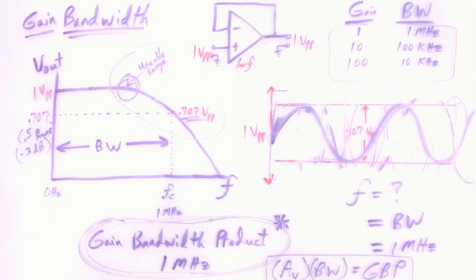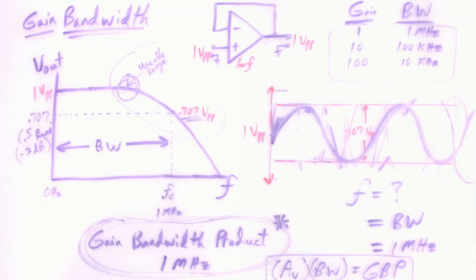I'm down here in the bottom right corner. So again, if you had the gain bandwidth product rating from the data sheet, maybe you know the bandwidth that you need, and then you can solve for the maximum voltage gain that you would be allowed to set your circuit up for to hit that bandwidth.